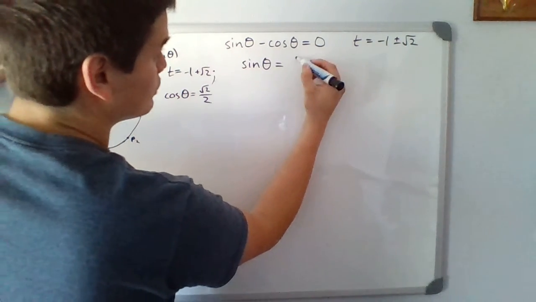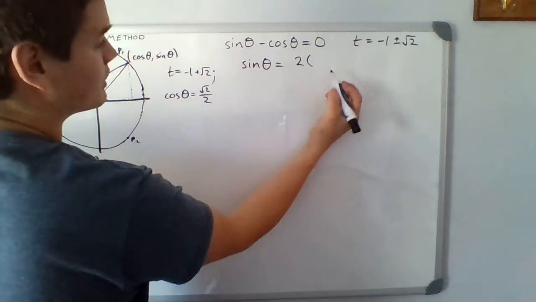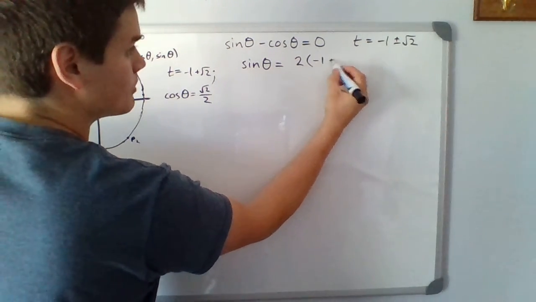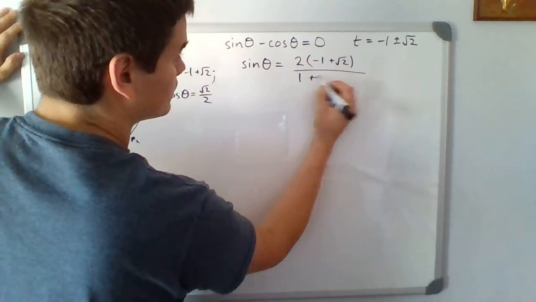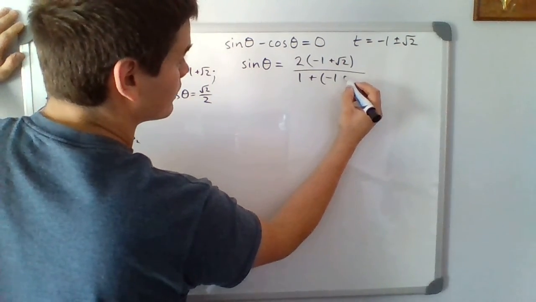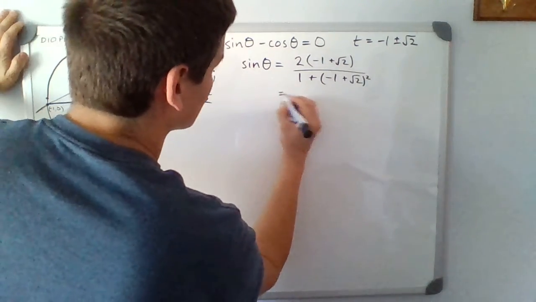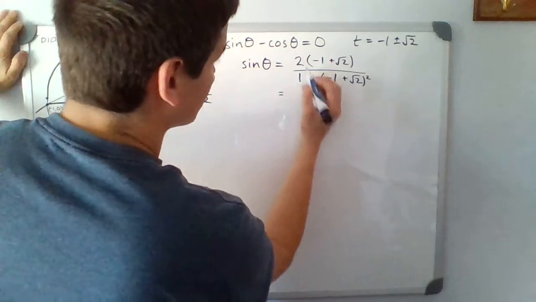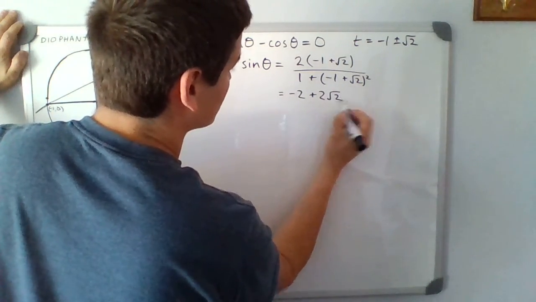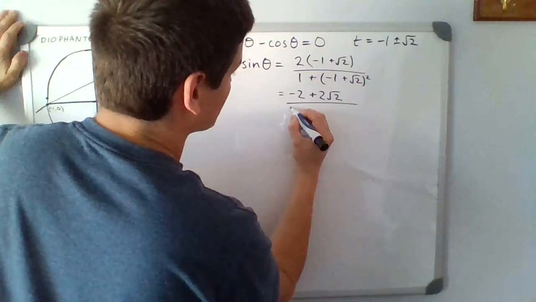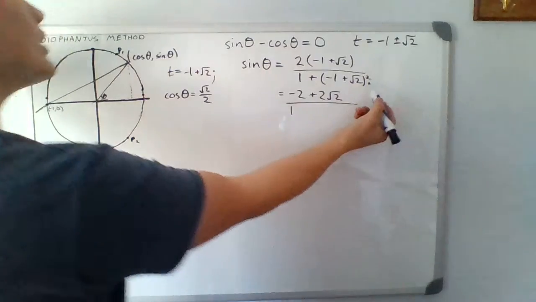So that's going to be 2, and remember our t value that we're working with is -1 plus the square root of 2. -1 plus the square root of 2 divided by 1 plus -1 plus the square root of 2 squared. Alright, so that's going to be -2 plus 2 times the square root of 2 in the numerator, and it's going to be 1, and we just have to square that.